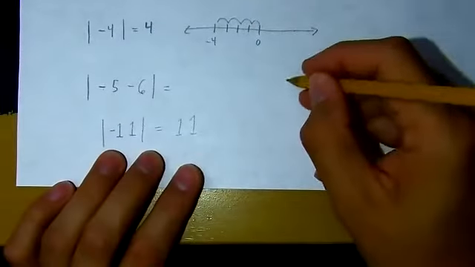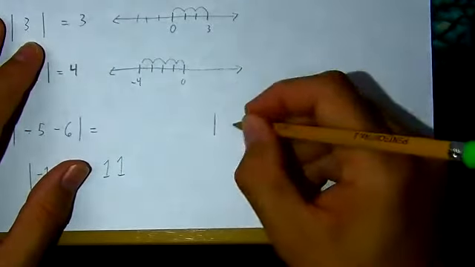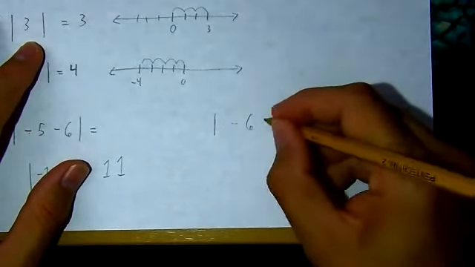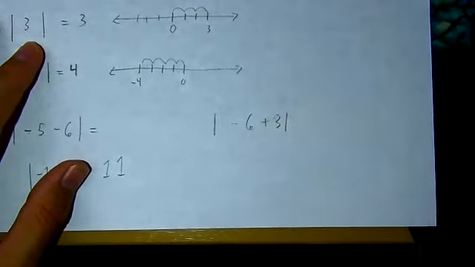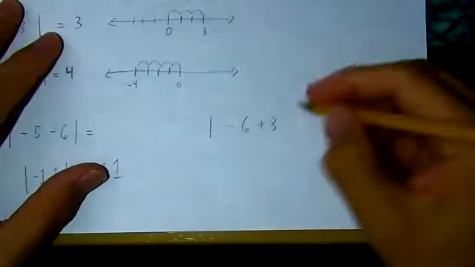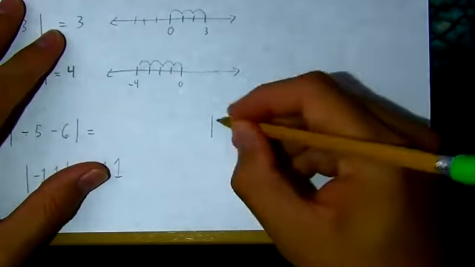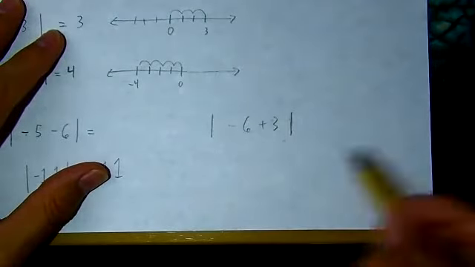And the reason why it matters that you solve it first is if you have something like this. So a lot of people will want to turn everything inside positive first.